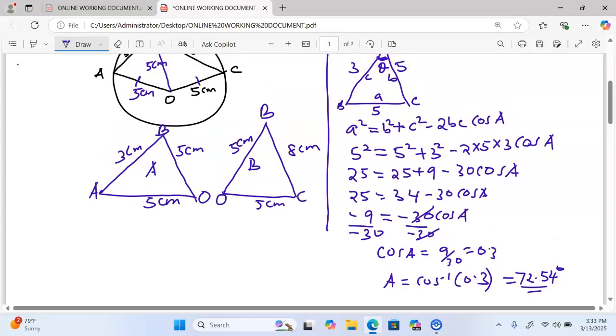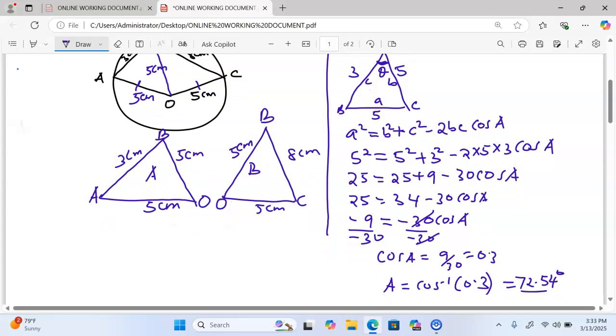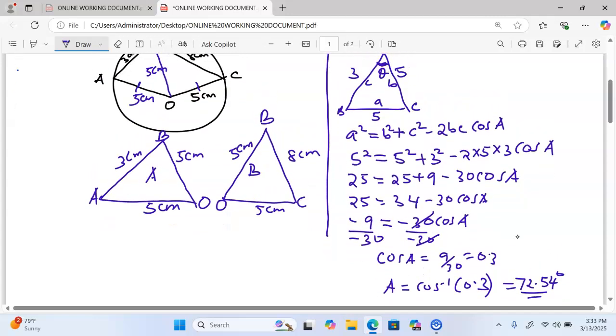Once we have the size of angle A, we can simply come and place it here. That one will be 72.54. This one will be 72.54.